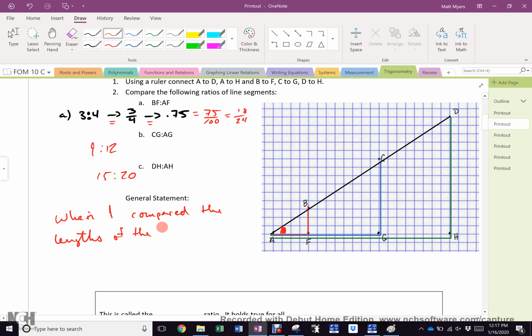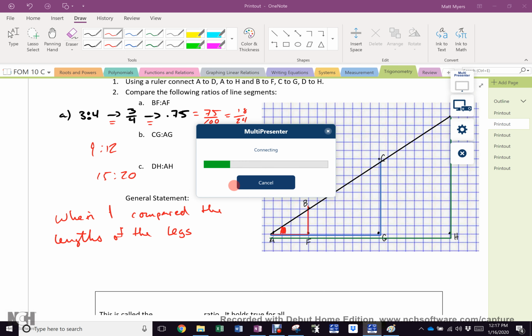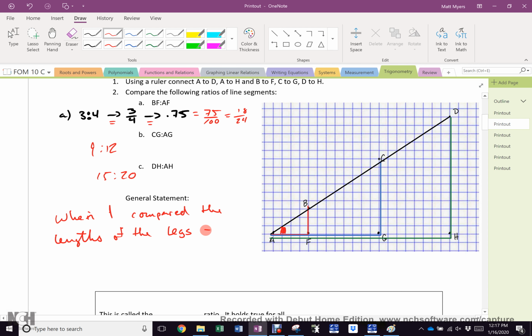When I compared the lengths of the legs, I know it just went blue. I'm on it. The ratio always stayed the same if the angle didn't change.